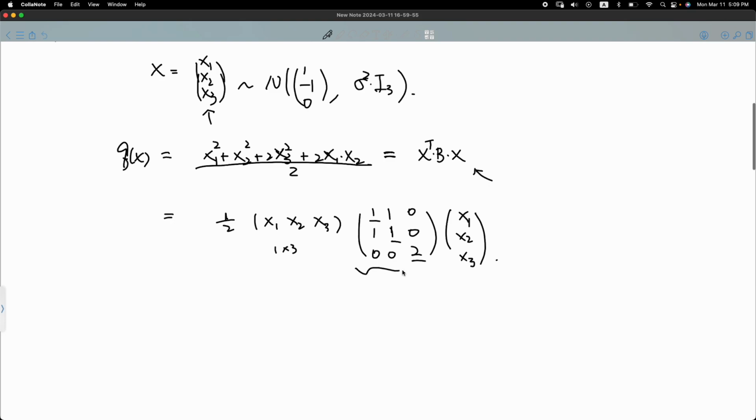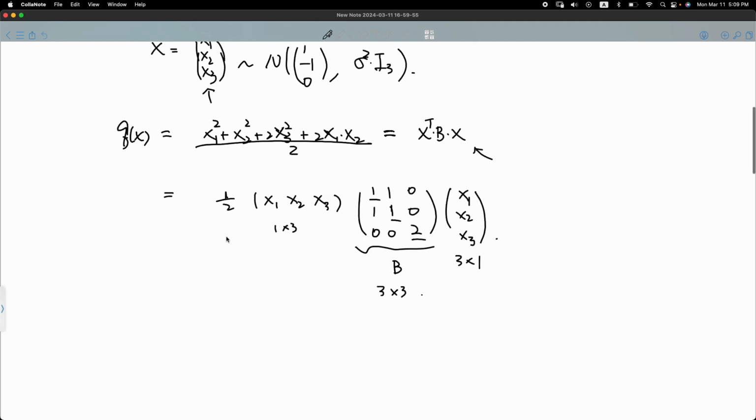So let's define this as B, and then this is another 3 by 1, so this is 3 by 3. Okay, so what we want to comment on is the Q of x over sigma squared. So we essentially have x transpose multiplied by B multiplied by x, over sigma squared.